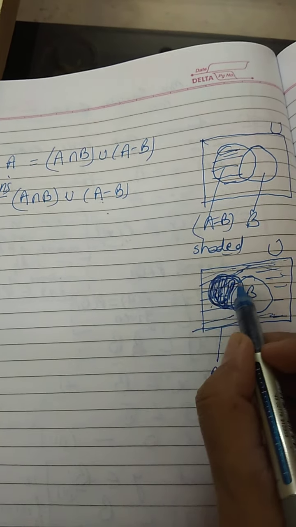So the same result we will use here. It will be written as A intersection B, union, and this A minus B will be written as A intersection B complement, right? Now, A intersection B union A intersection B complement. It means we have one result, the distributive law.